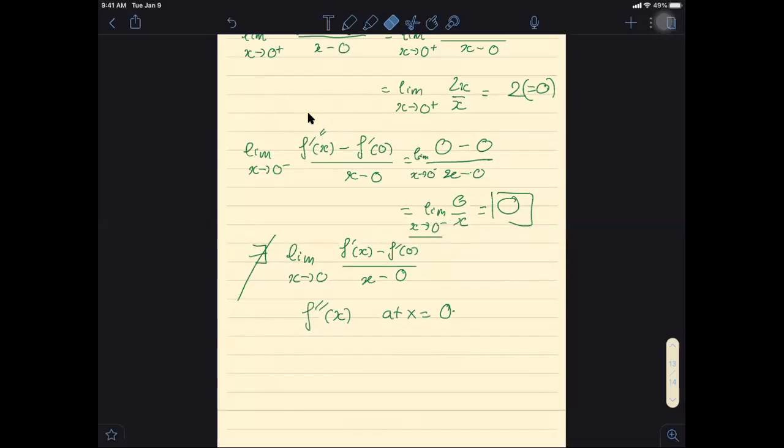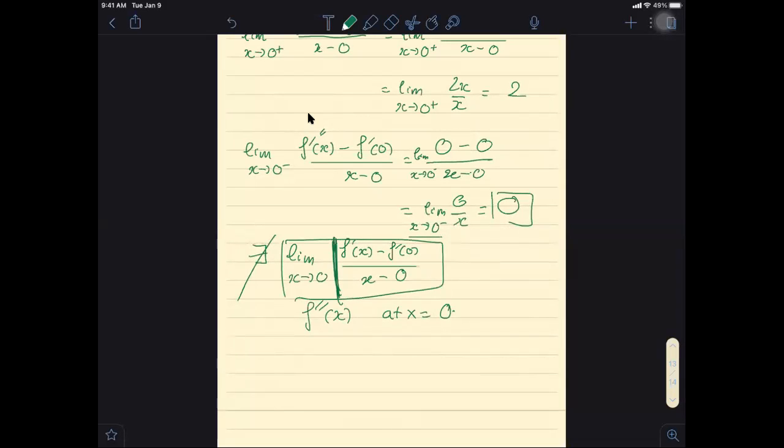I just said f prime is not differentiable because the limit of this one does not exist when x approaches 0, right?